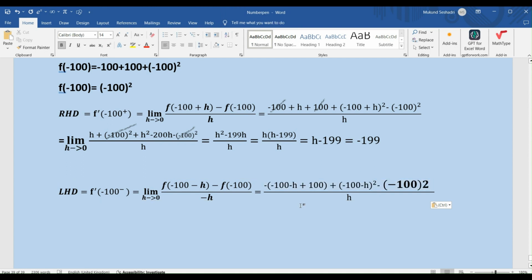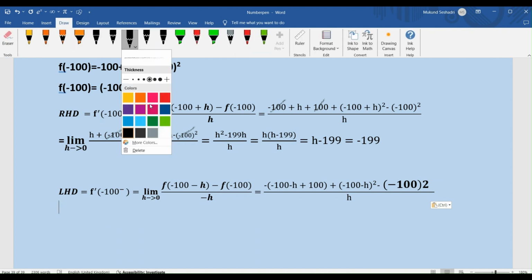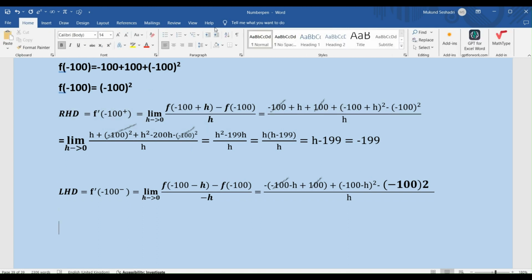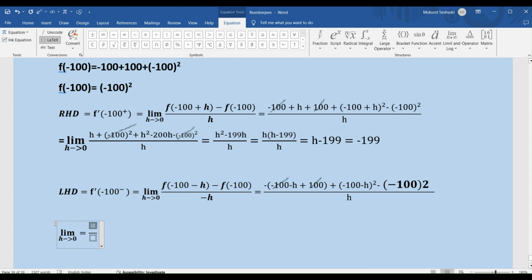So now I have a long expression which looks like I can cancel out my 100, right? So I take my pencil, I cancel out this 100. I still have my expression which can be further expanded. So we will do something similar to what we did while doing our RHD. So my numerator is a minus of minus h, which becomes a plus h.